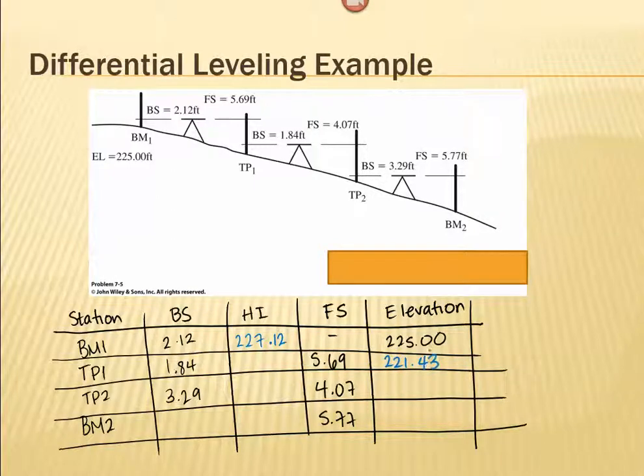Now this minus that is equal to 223.27, and this minus that is equal to 219.20. This plus that gives me 222.49. This minus that gives me 216.72.